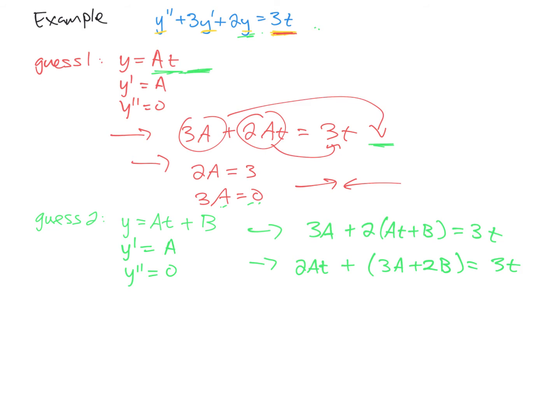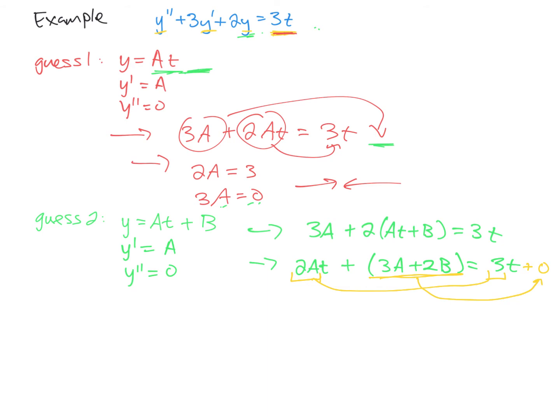Now we're going to match up these terms. 2a will match up with 3, and then we can think about the right-hand side as being plus 0, so that constant term will have to match up with 0.